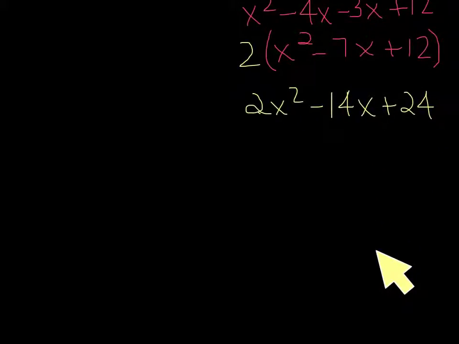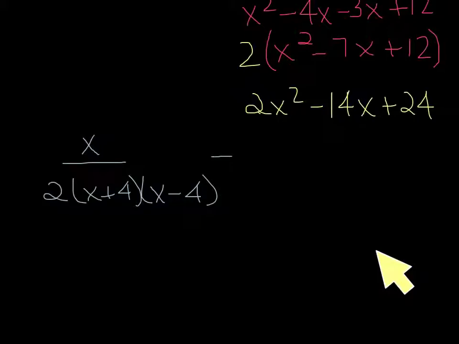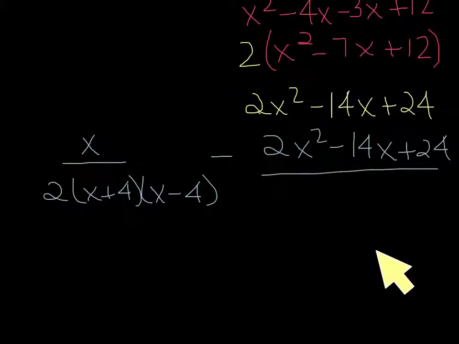So what we're now left with is x over 2 times x plus 4, x minus 4, minus this 2x squared minus 14x plus 24 all over our common denominator, 2 times x plus 4 and x minus 4.